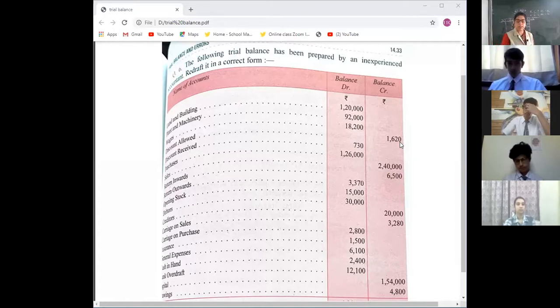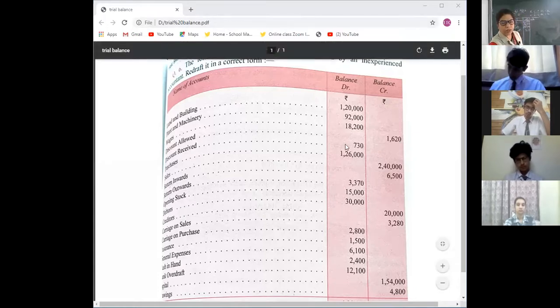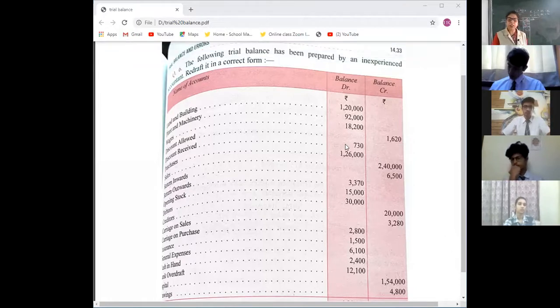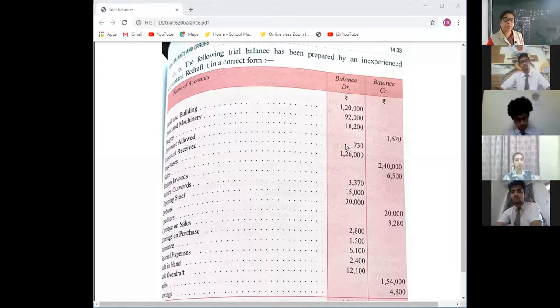The next, discount received. Discount received is an income, that's why in credit. Purchase will be in debit. Sales in credit. Now the next. Return inward. Return inward is sales return, that's why debit, and return outward, purchase return, that must be credited.